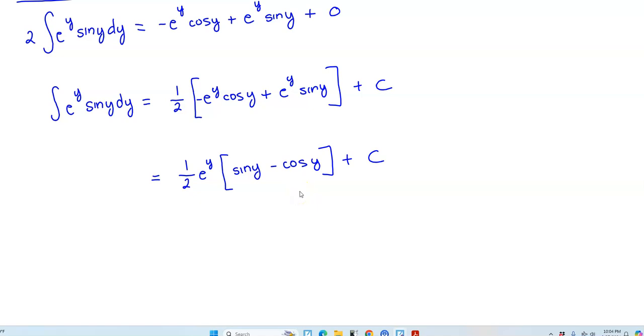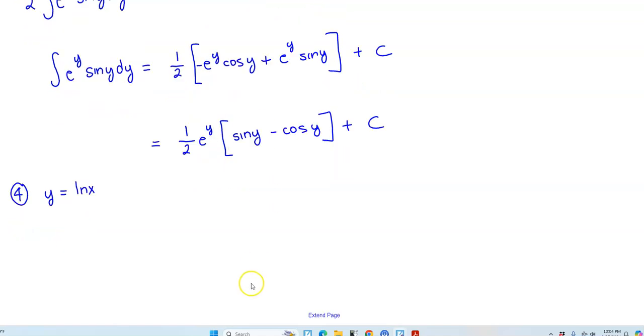And so the last thing that we need to do is now replace our y with what we called it at the beginning. And we said that y was equal to the natural log of x. So this is going to be the following result.